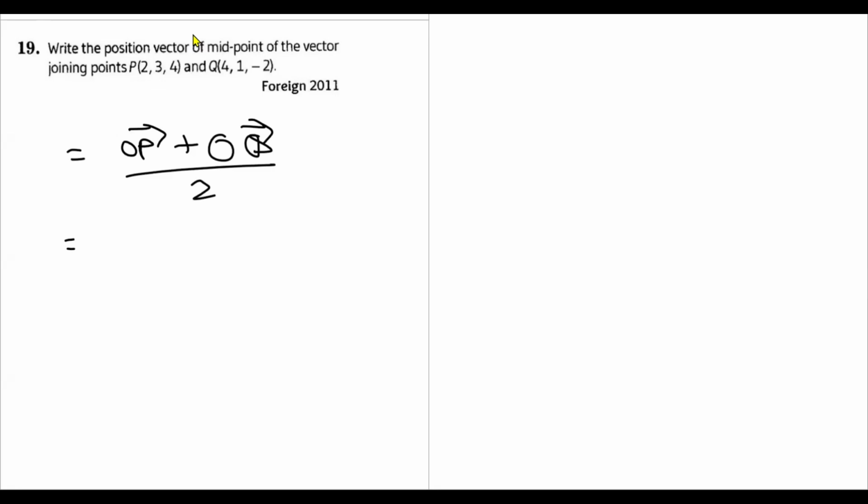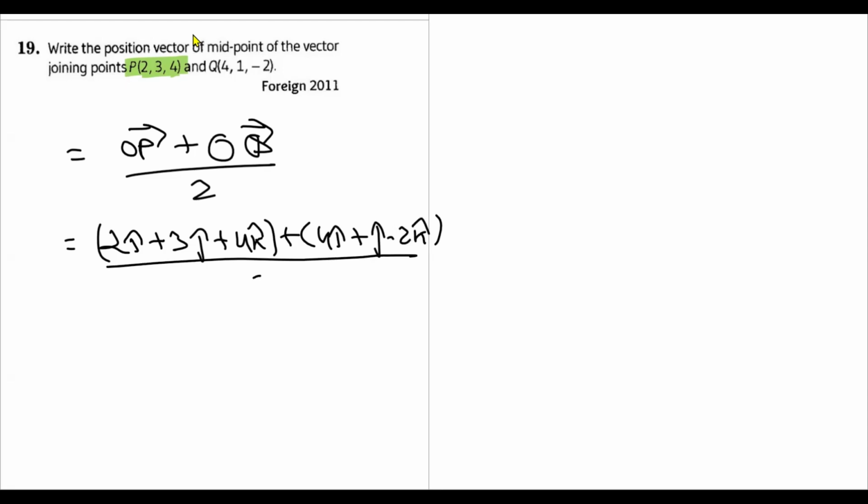So OP vector I can figure out from here. The position vector of OP is 2i plus 3j cap plus 4k cap, and plus OQ vector, as I can see from there, is 4i plus j cap minus 2k cap, and that whole divided by 2.